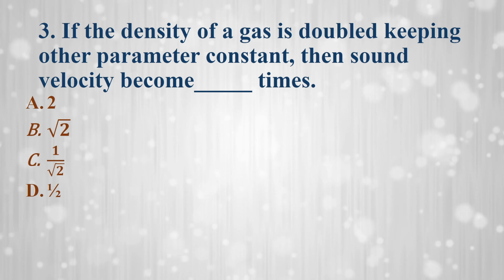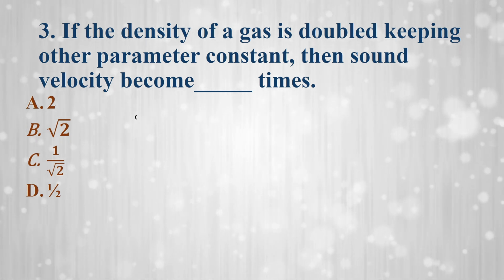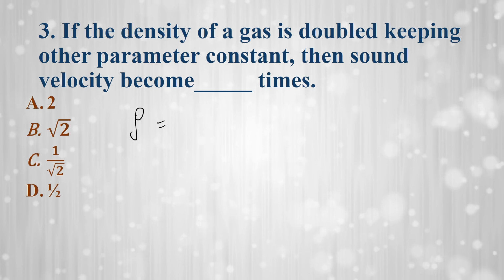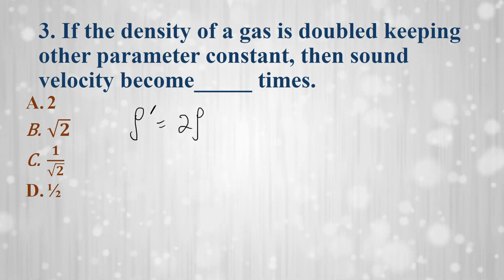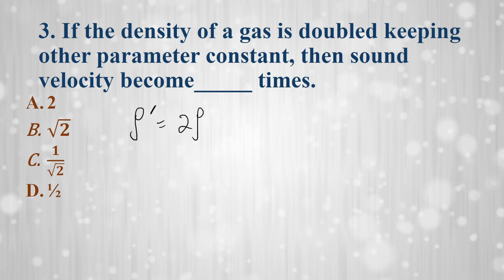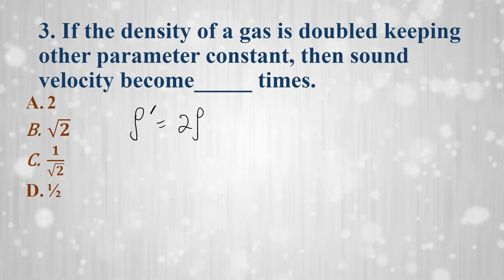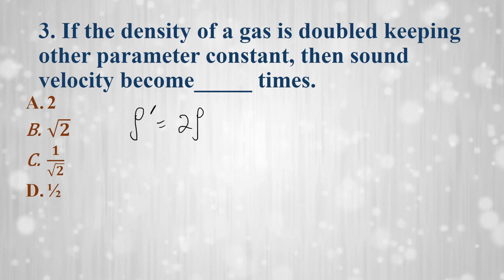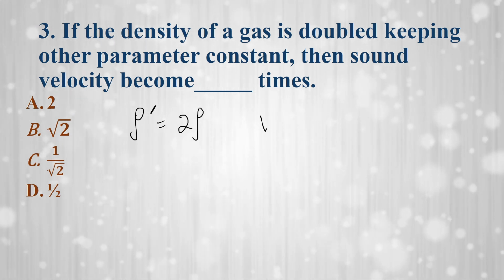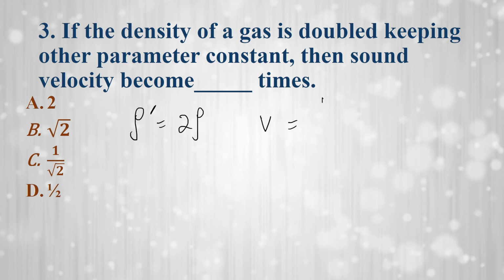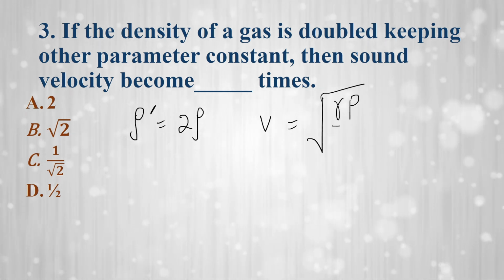Okay, so students, if the density of a gas is doubled, the new density being represented with rho prime, and other parameters are constant, then the sound velocity becomes dash times. If you recall your knowledge, you must have studied this formula of velocity of sound, the square root of gamma P over rho.